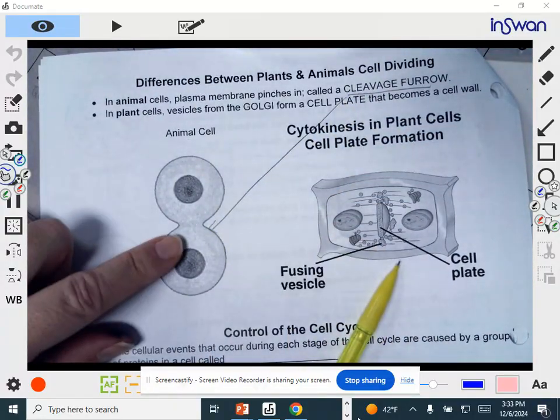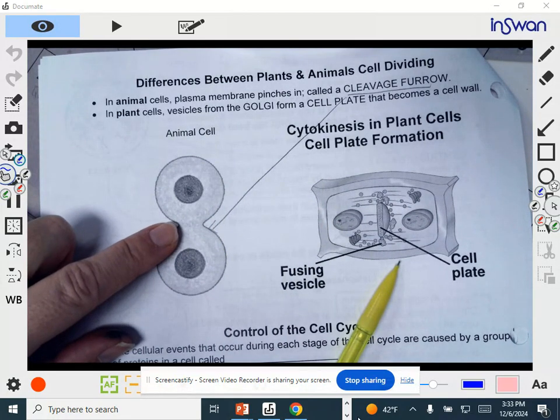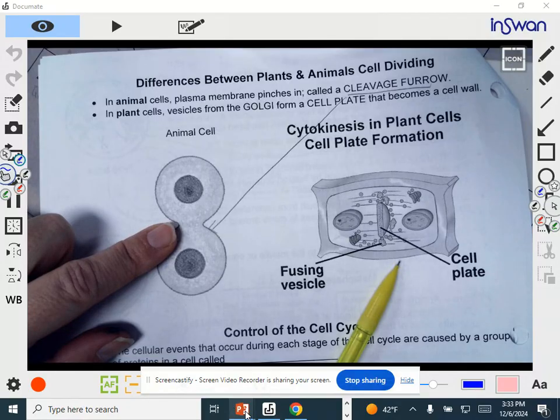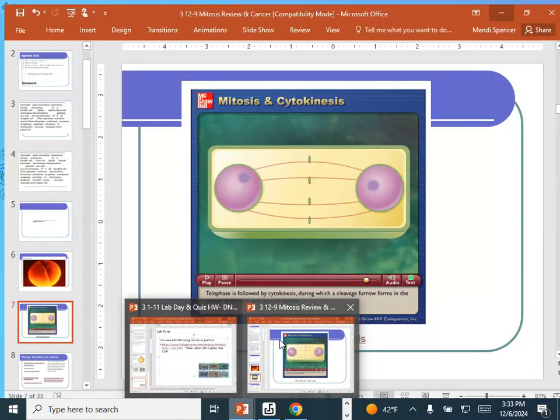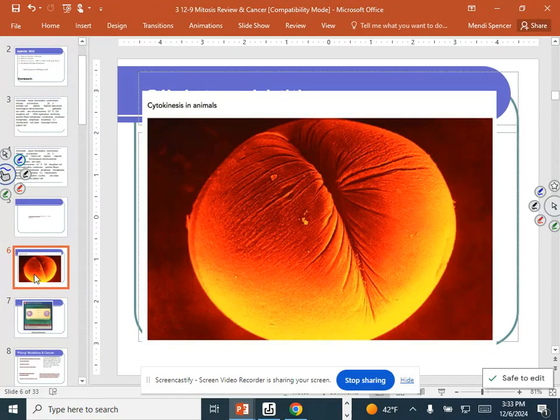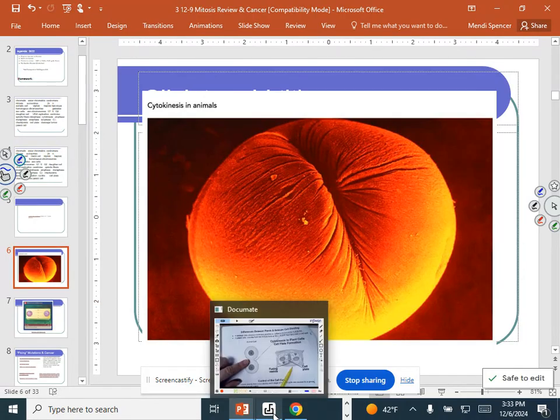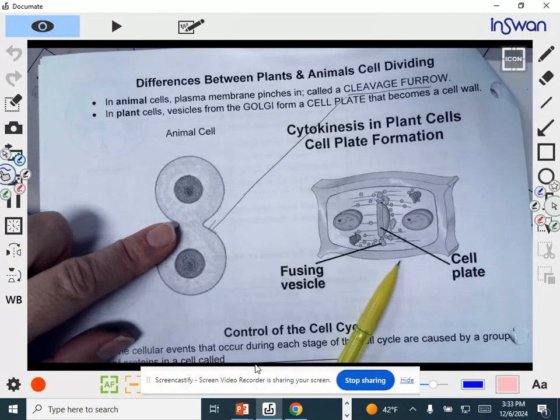So cleavage means to cut in half, and if you look at a real cell that is dividing, this is what a cleavage furrow looks like. So it's also happening on the other side. So the cell membrane, the plasma membrane, is being pulled towards into that cytoplasm. So the cell can cleave, which means split in half, right?